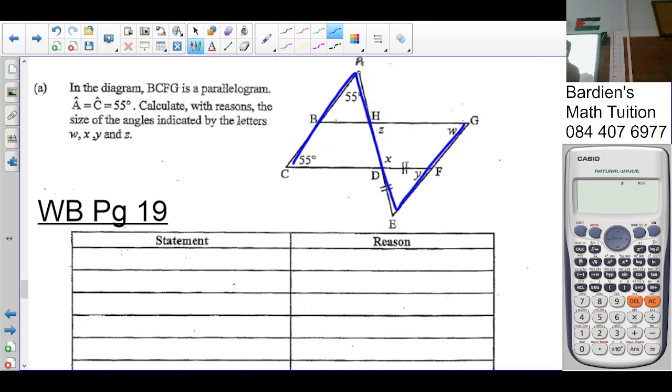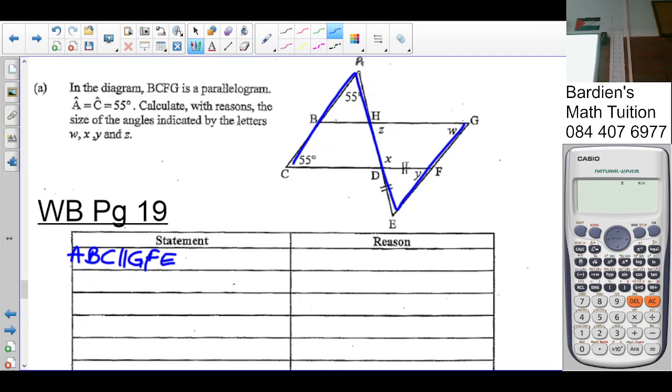You are talking about alternate angles here, but not so fast. The lines firstly have to be parallel. Are they parallel? Yes. So we say that firstly ABC is parallel to GFE, or you could have just called it EG.